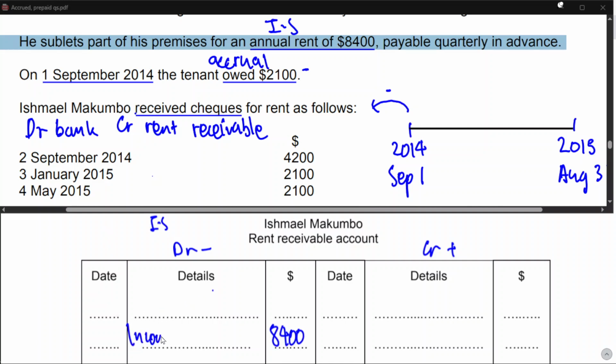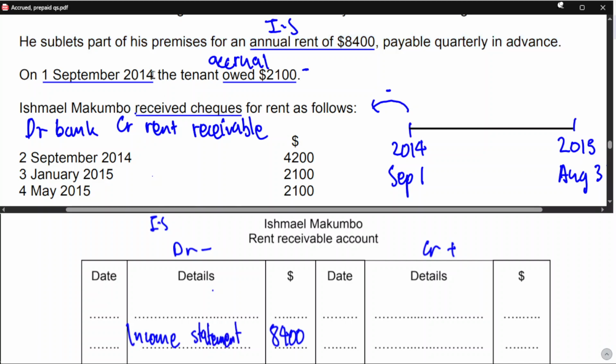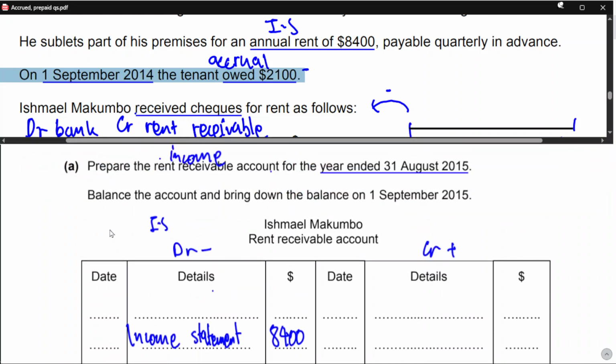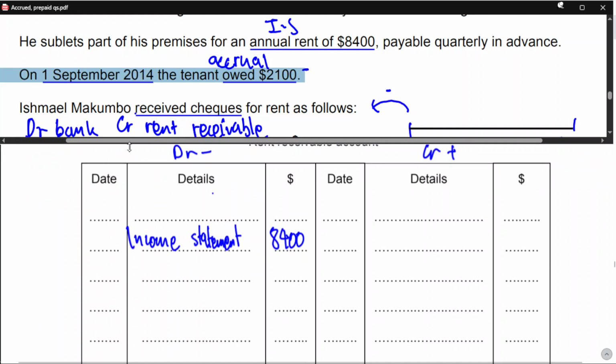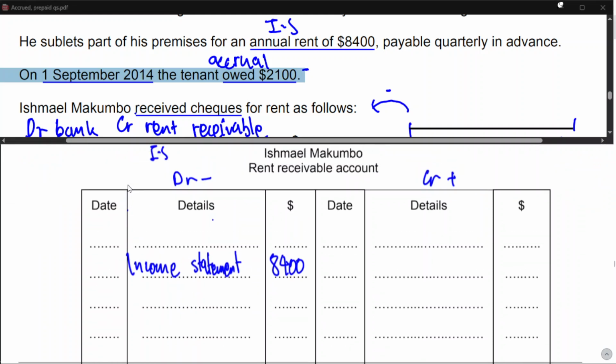So I put income statement. Next line, minus 2,100.